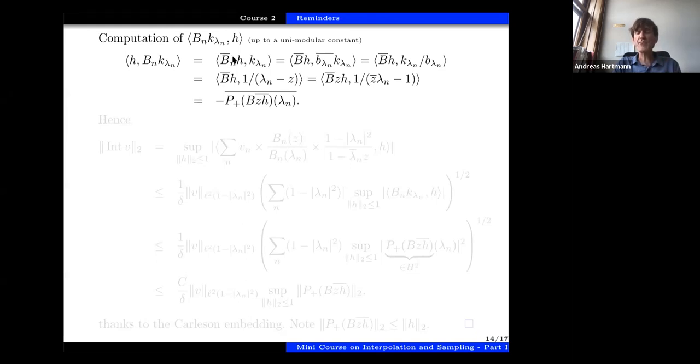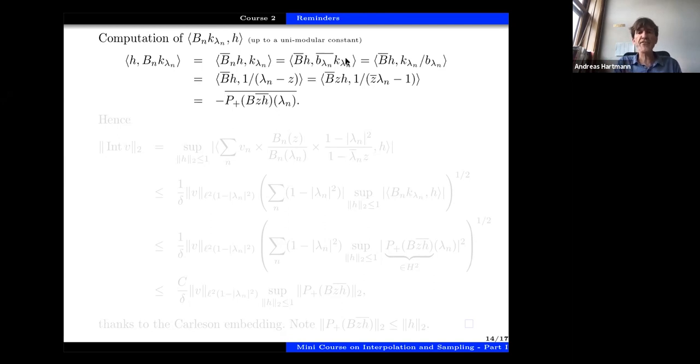B_n is a Blaschke product which contains all Blaschke factors except B_lambda_n. Okay, so I multiply by B_lambda_n, so this will give me B, the entire B, and on the other side I also get B_lambda_n. So recall that B_lambda_n is a Blaschke factor. It's of modulus 1 on the circle, so it doesn't affect. It's an isometry on the Hardy space.